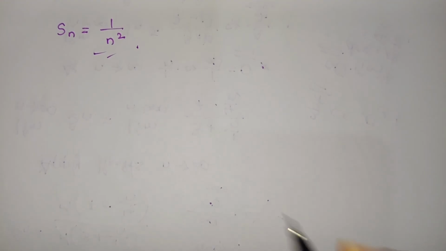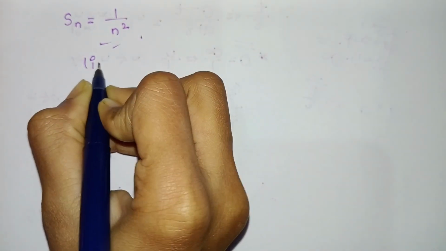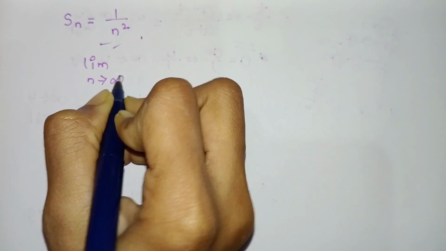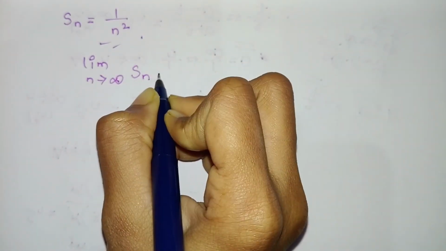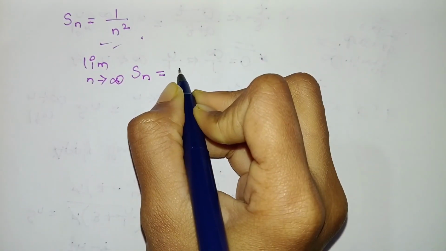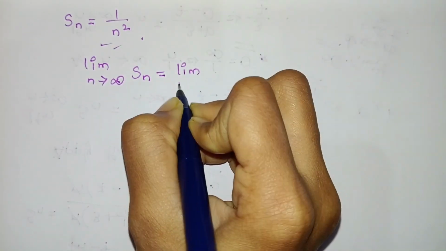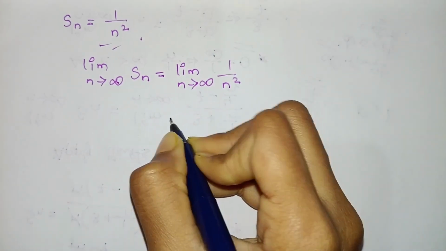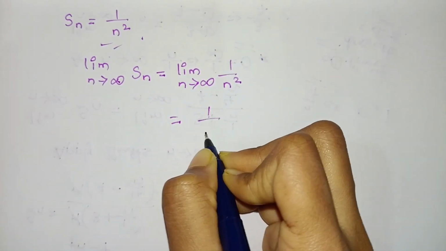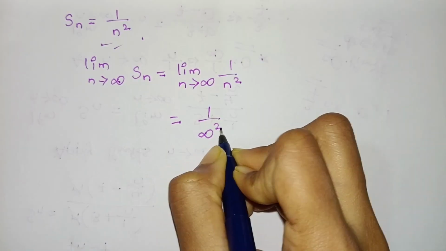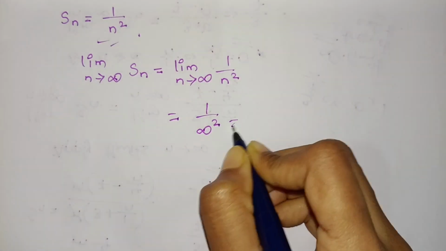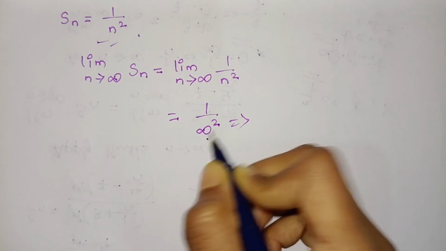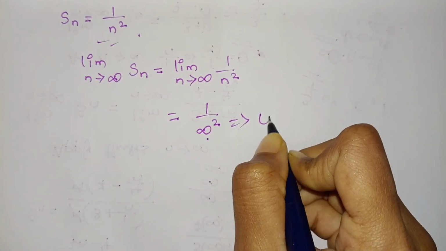So limit n tends to infinity Sn equal to limit n tends to infinity 1 by n square. So 1 by infinity square. So infinity is in the denominator, so again the value is 0.